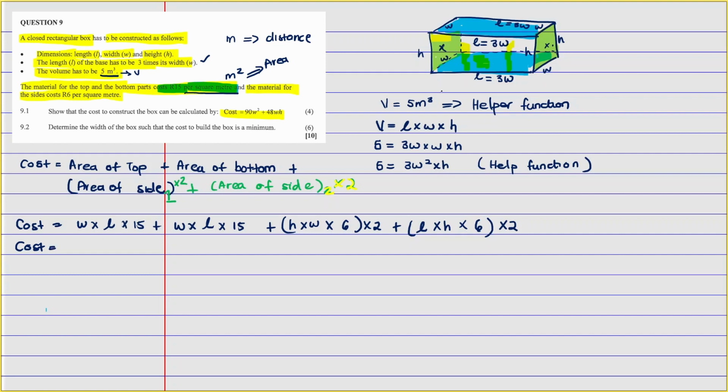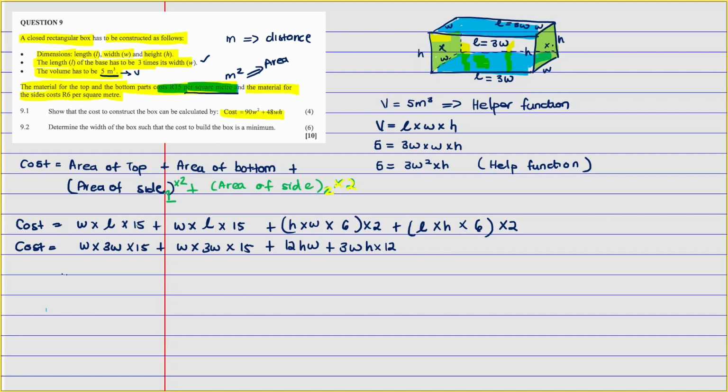We know the fact that L is 3W, so this is going to be 3W multiplied by W, multiplied by 15, plus here is going to be W multiplied by 3W again, multiplied by 15, and H does not change, so this is going to be the same as 12HW, and here is going to be the same as plus 3W, then H, then this is going to be multiplied by 12.